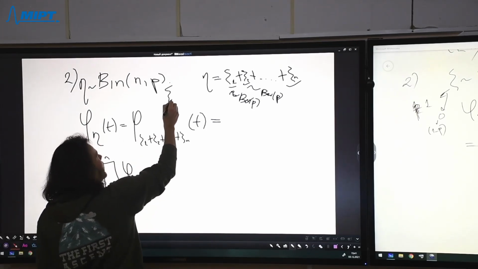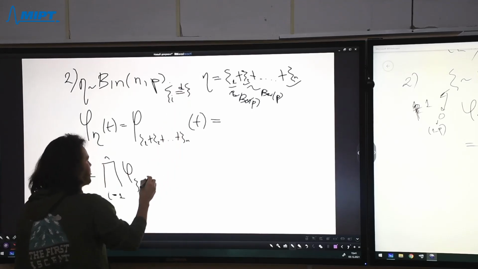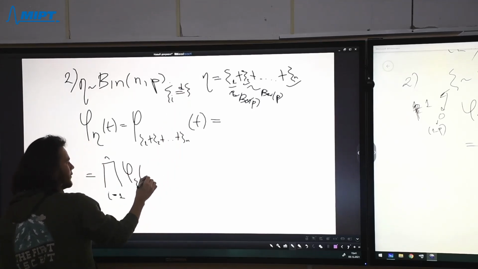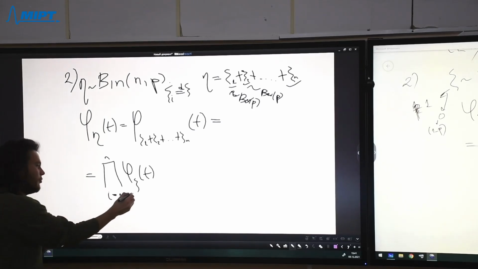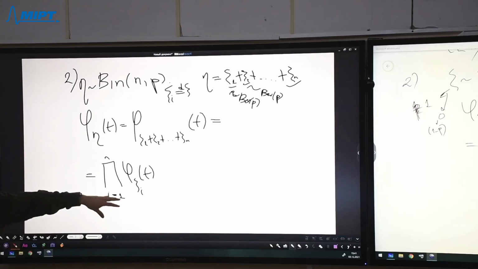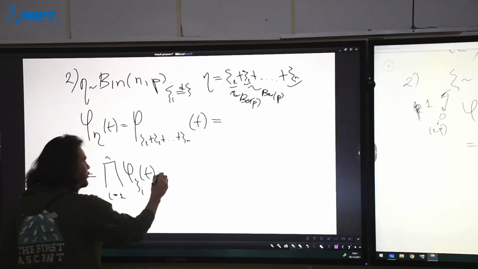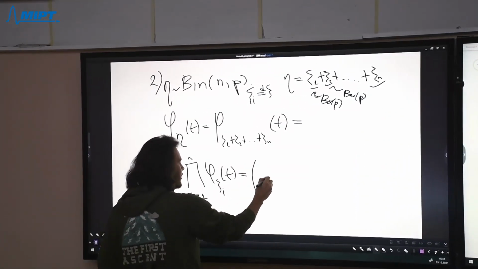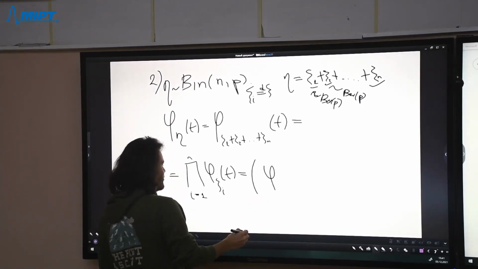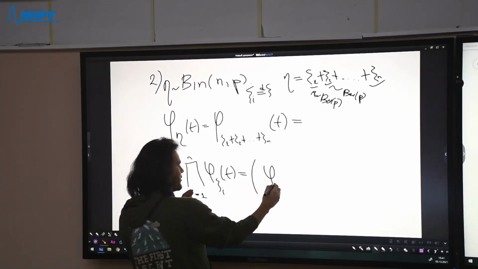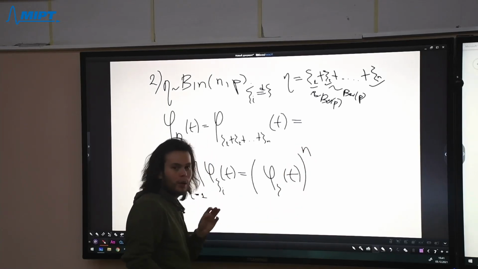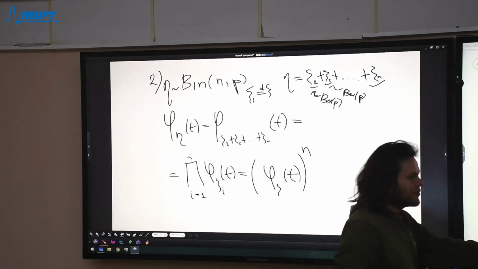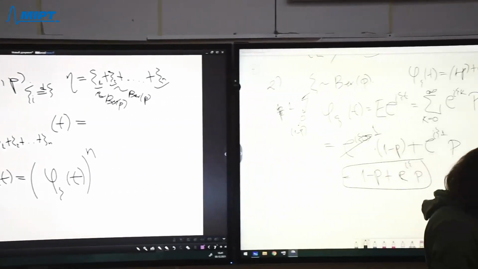So psi i has the same distribution as psi. We are multiplying the same function n times, so multiplying this n times is phi xi in the point t to the power of n, right? This is the same as having the function to the power of n.